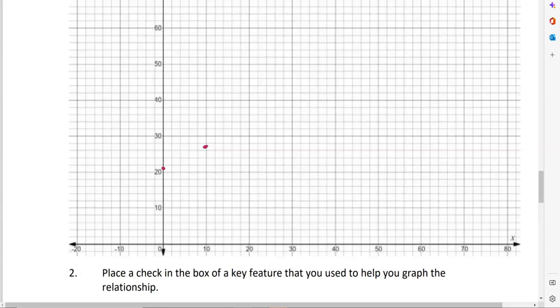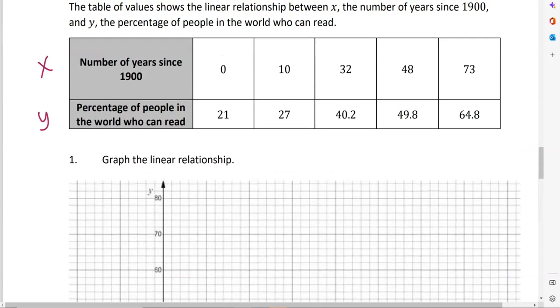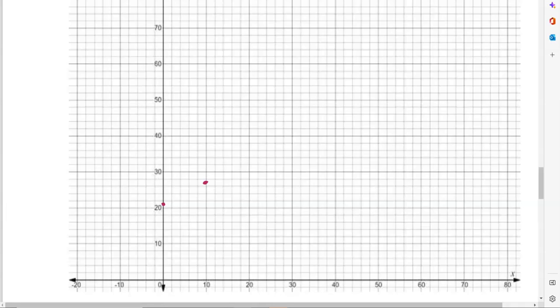Okay, make sure you can graph these. Don't try to look at my graph to see where I'm putting it. Okay, make it make sense. When x is 32, y is 40.2. So x 32 right here, y is 40.2. It's barely above. So right there.